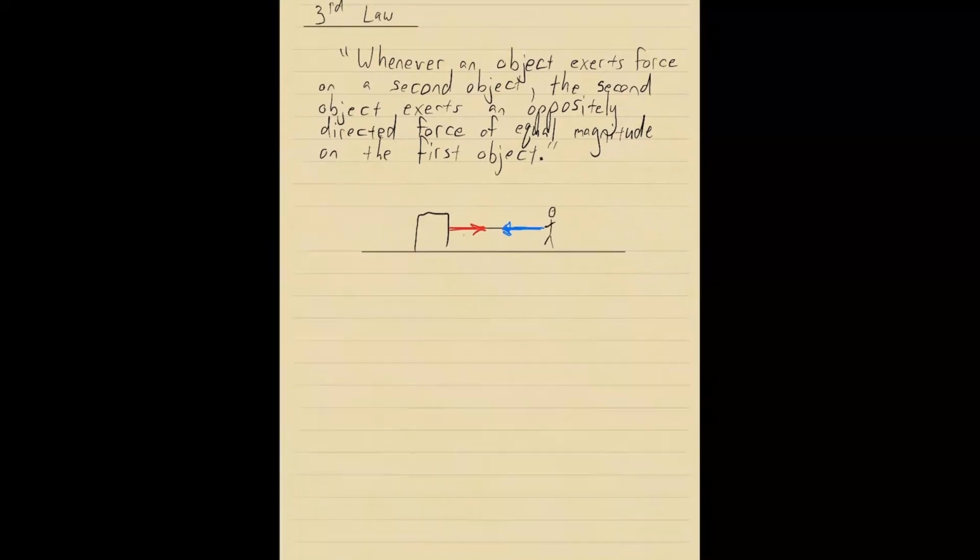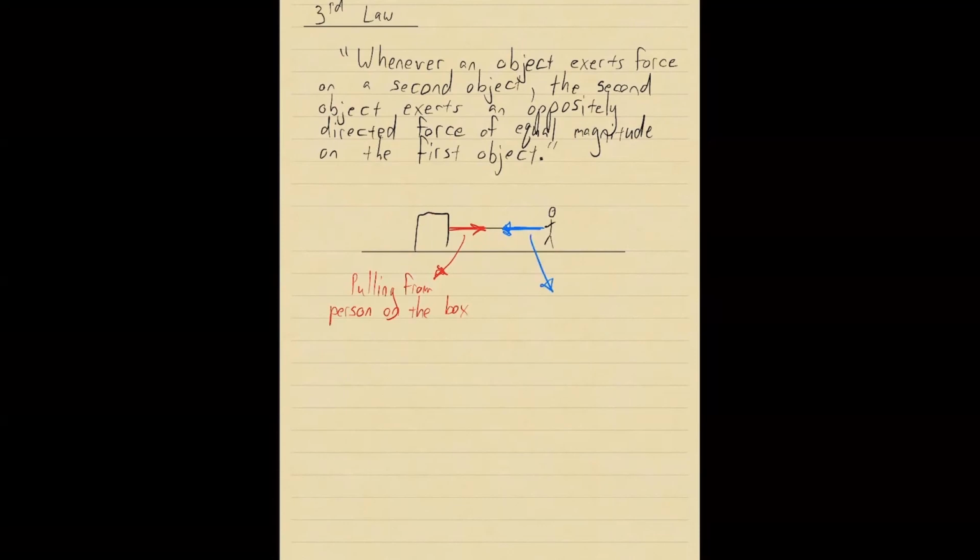So this force is caused by the pulling from the person on the box. And this force is the box pulling back, quote unquote, on the person.